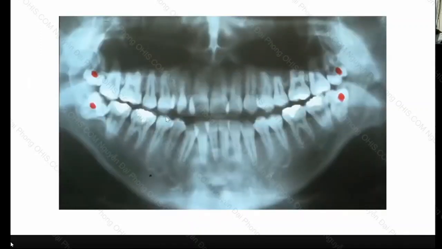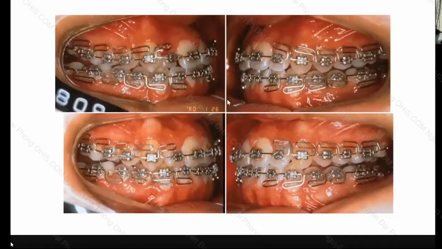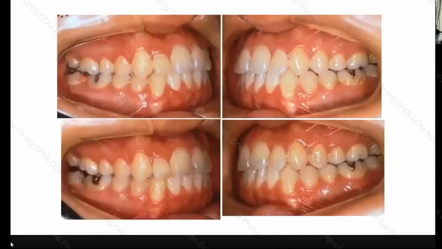Then start treatment. So maybe you can see this posterior occlusion. Once we should separate. Then the mandible adapts a little backward and finishes like this.